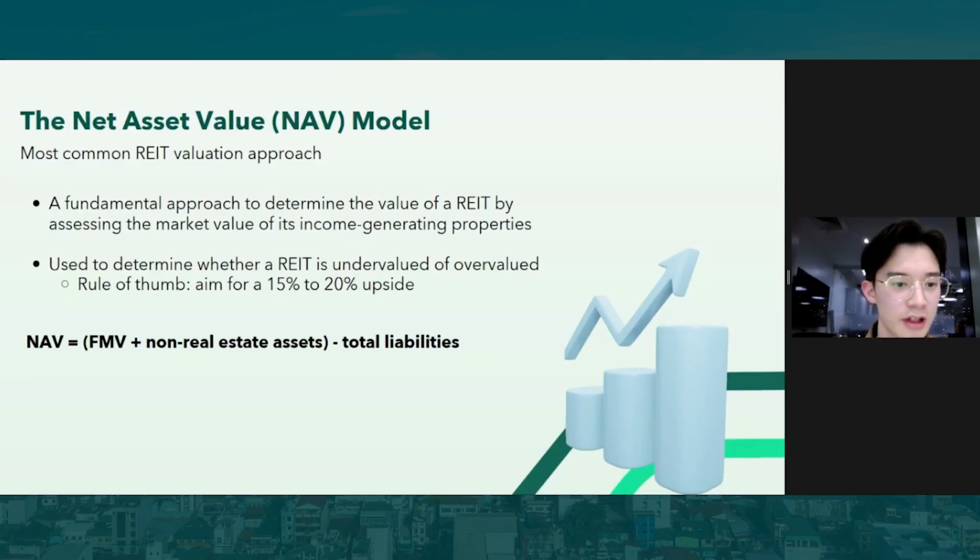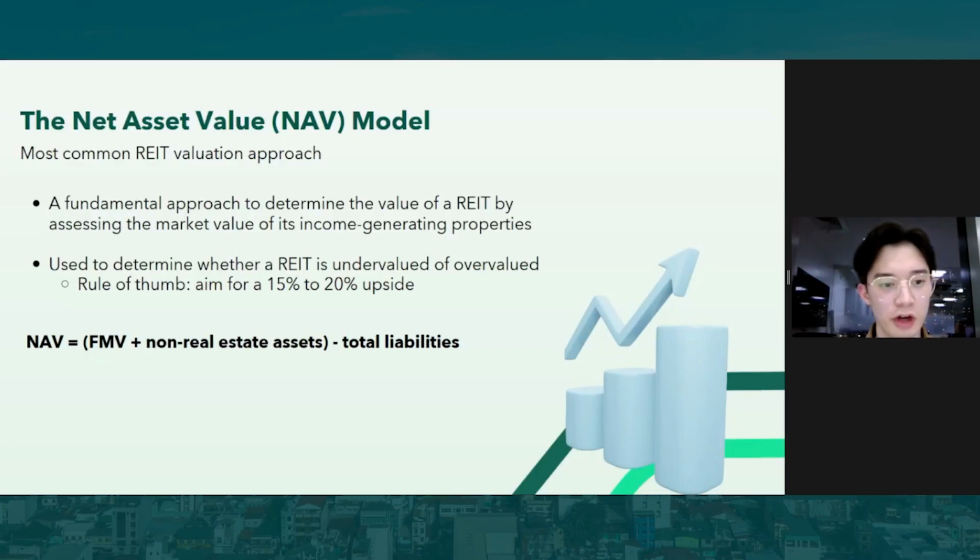So rather than estimating future cash flow and discounting them to the present, like a discounted cash flow model, we use it to determine whether or not a REIT is undervalued or overvalued. A rule of thumb here is to always aim for a 15 or 20% upside, so that way you can expect some reasonable gains.